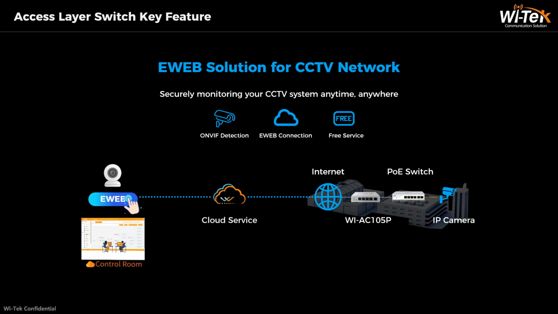In our cloud platform, when you click the IP camera, it will automatically generate a web link. You click the web link to remotely log in to your IP camera. This service is totally free and also supports the ONVIF protocol.